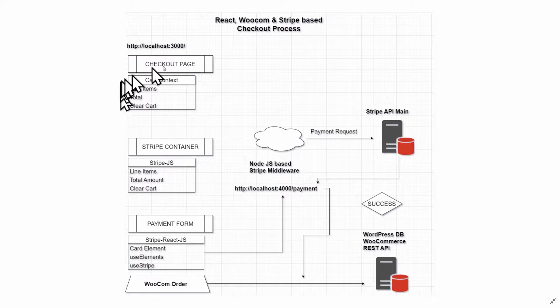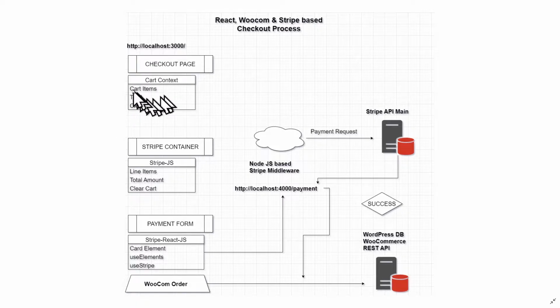And once we bring those data in, we'll hand them over to another component called Stripe container. In here, we're going to bring in the stripe.js module. This is something that Stripe gives us to process the data to make it fit with their API.